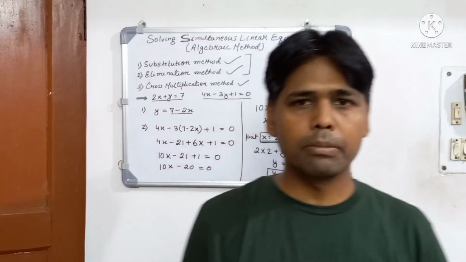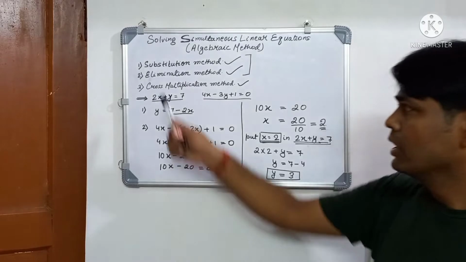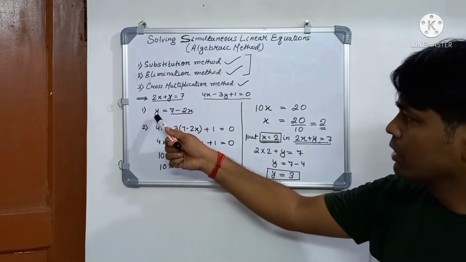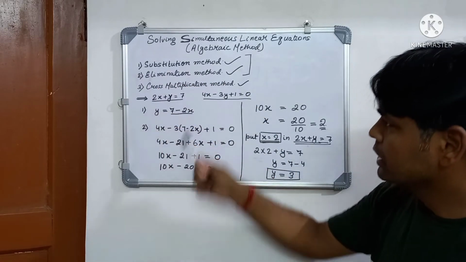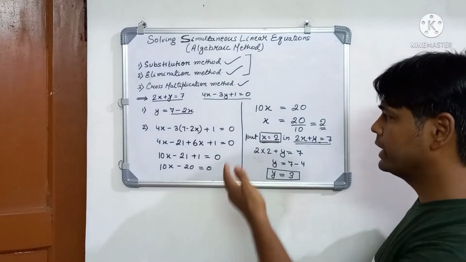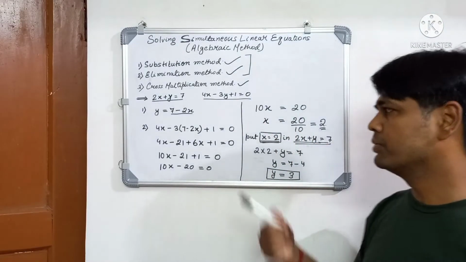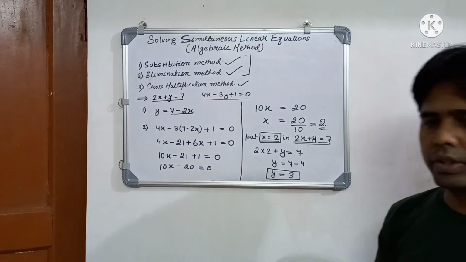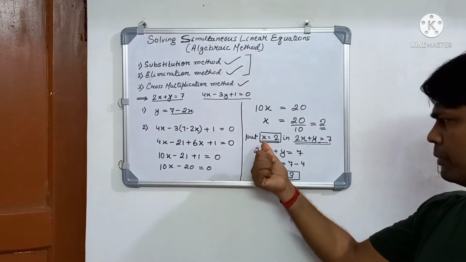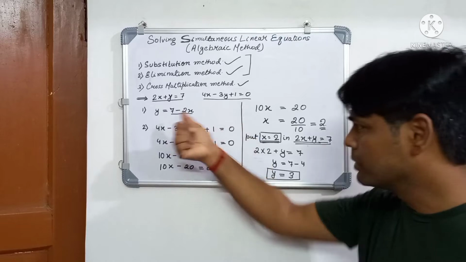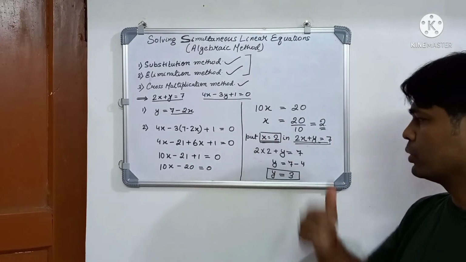So this is the method. In this we have substituted the value of y into the other equation and obtained the values for x and y consecutively, and thus we have reached a solution where we have obtained two values for two variables from these two equations, that is x equal to 2 and y equal to 3.